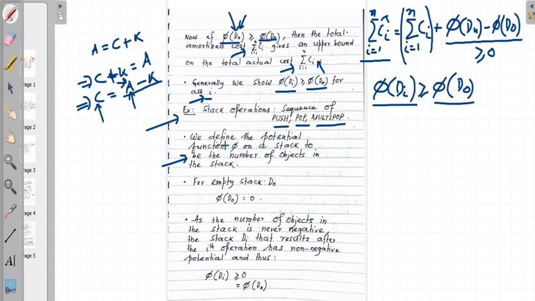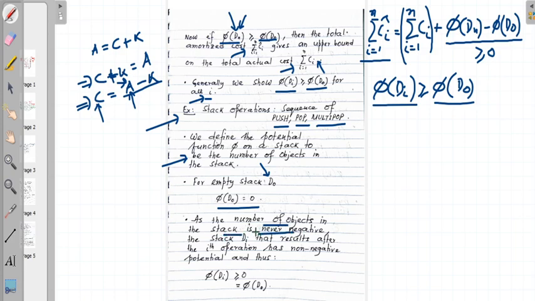Phi is counting the number of objects in the stack. So for the empty stack d_0, phi of d_0 will be equal to 0. The number of objects in the stack is never negative.